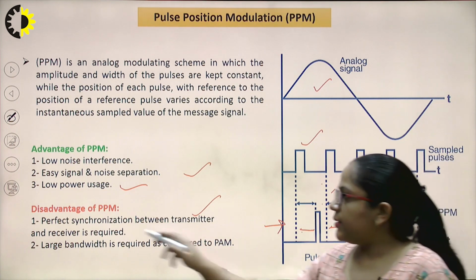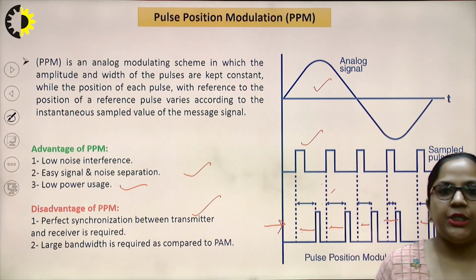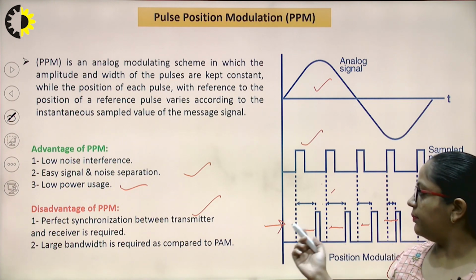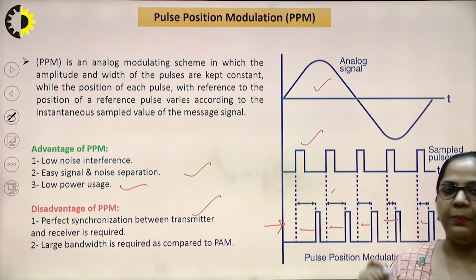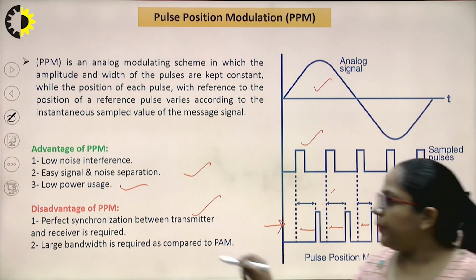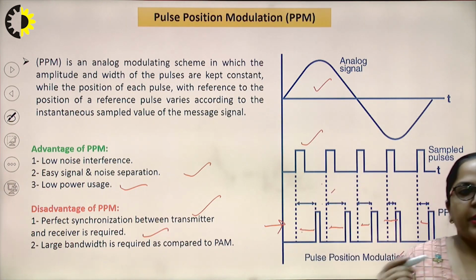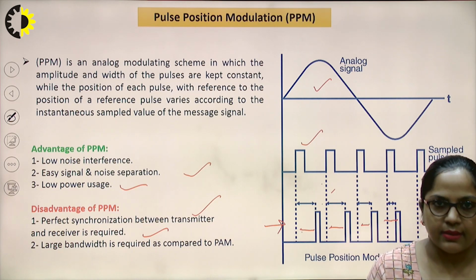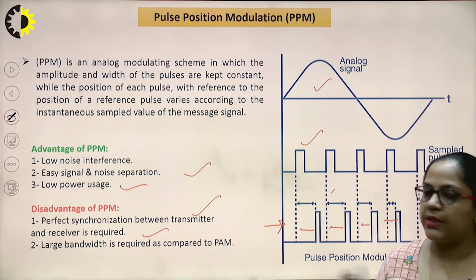What are the disadvantages? We require a perfect synchronization between the transmitter and receiver for the case of PPM signal. In case of PPM signal, we require large bandwidth in comparison of the pulse amplitude modulated signal. So these are the drawbacks of PPM signals.